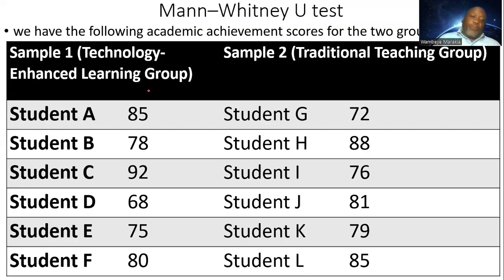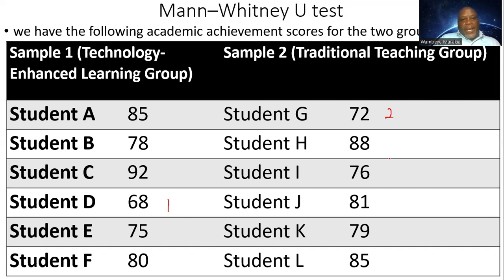So in this group, we start with the list. The lowest here is 68, so this one will be rank 1. Then 68 is followed by 72, so 72 will be rank 2.